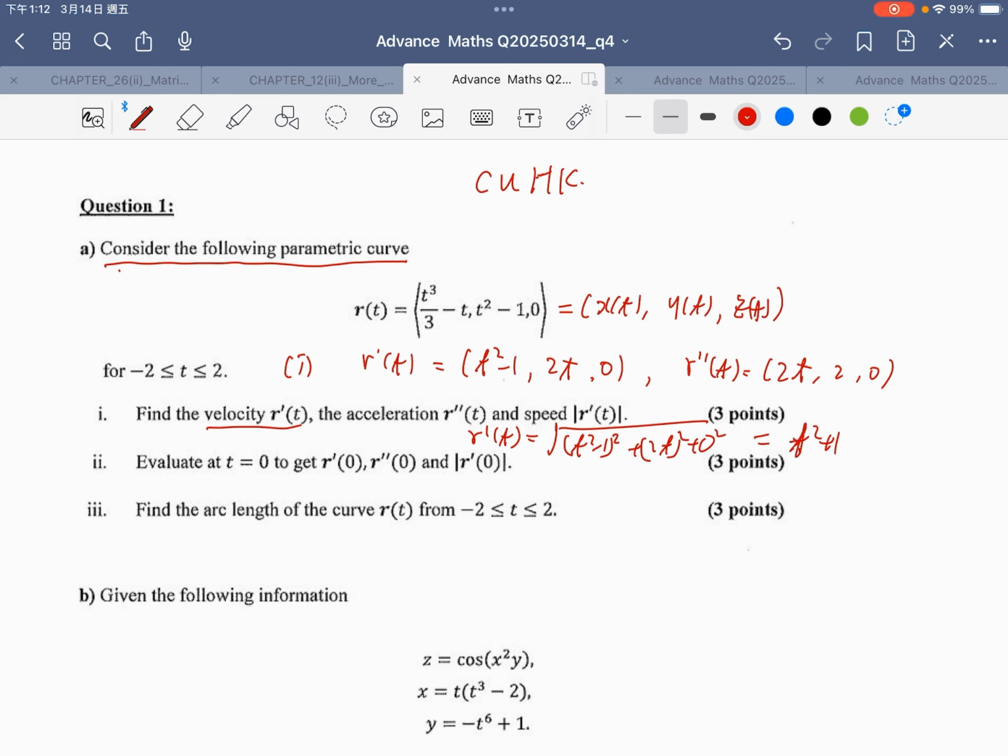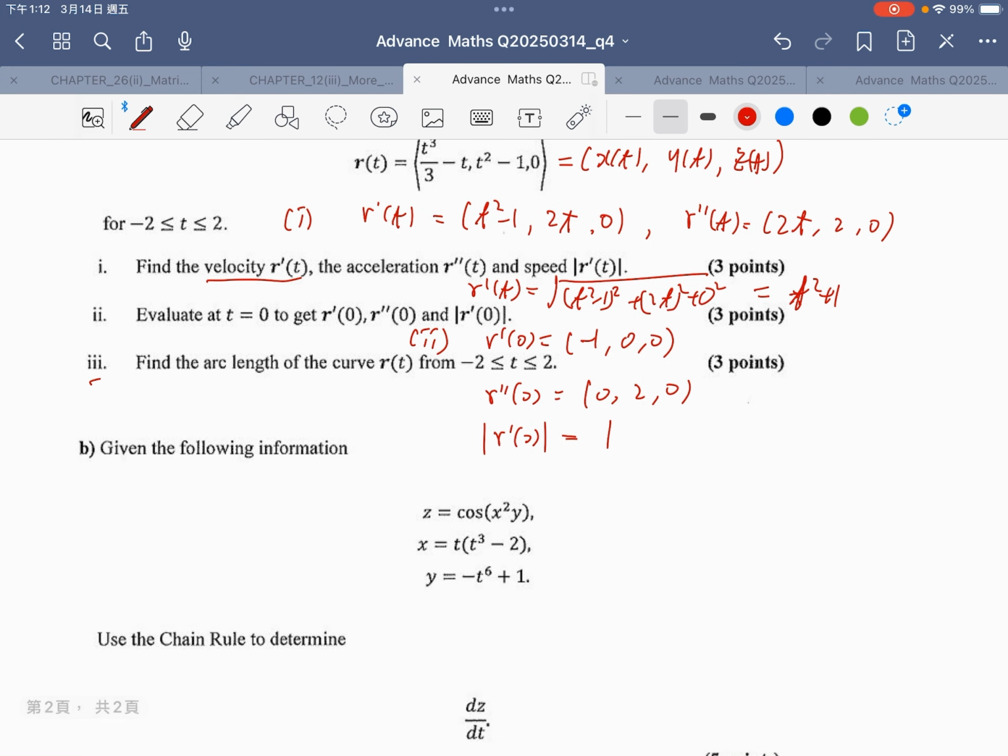For the second part, r'(0) means putting t equal to 0 into this one. This is minus 1, 0, 0. And r''(0), putting 0 into this, is 0, 2, 0. And the length of r'(0) is, oh yes, this is 1 only.